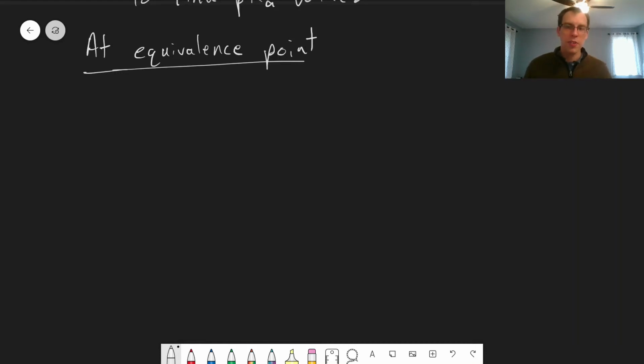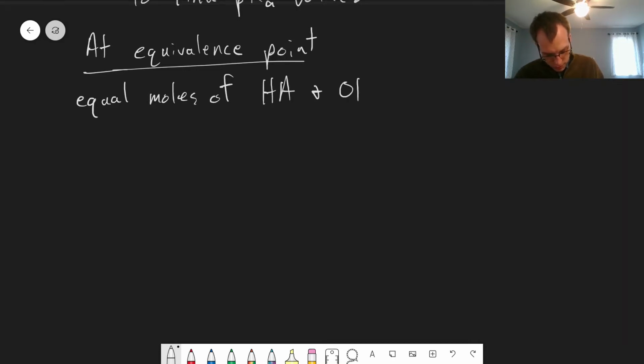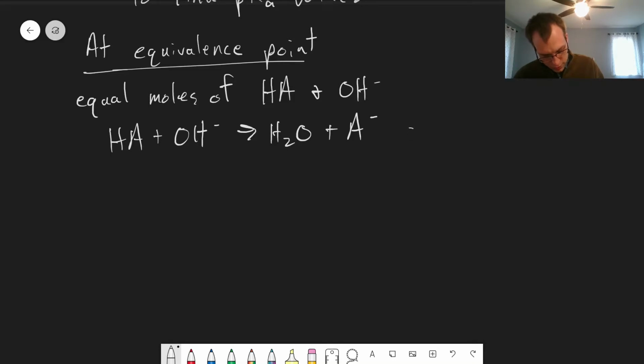So the next part of the titration curve we can consider is at the equivalence point. At this point, we have equal moles of HA and OH minus. So this reaction, our HA plus OH minus going to H2O plus A minus, has gone to completion.